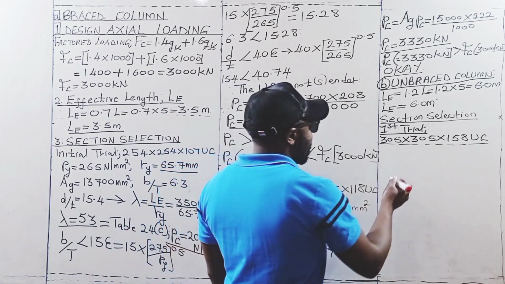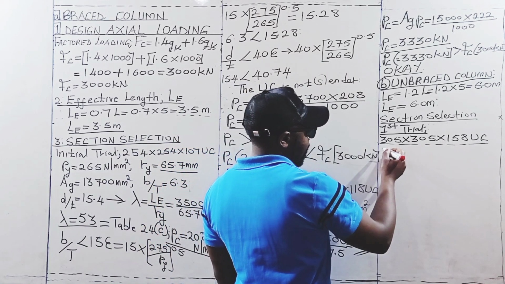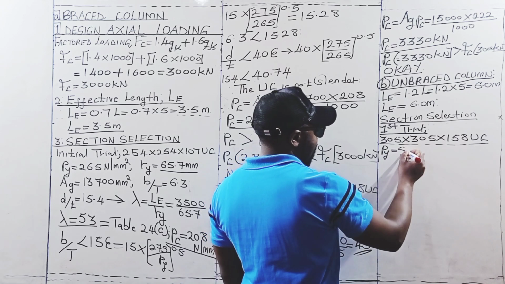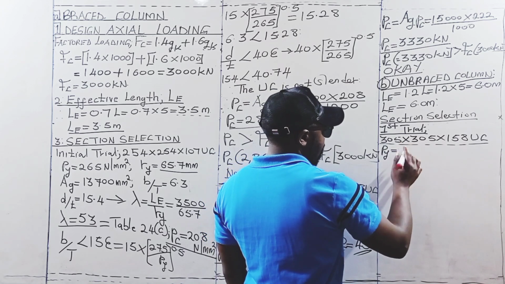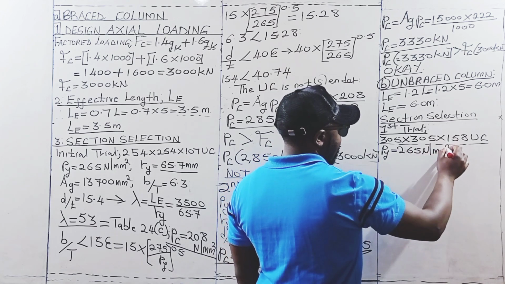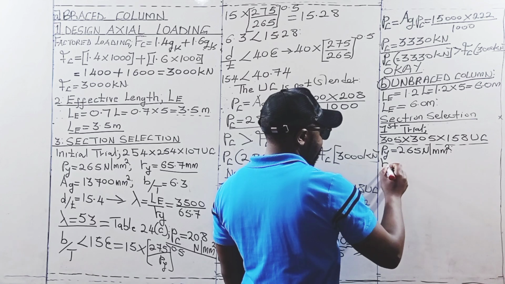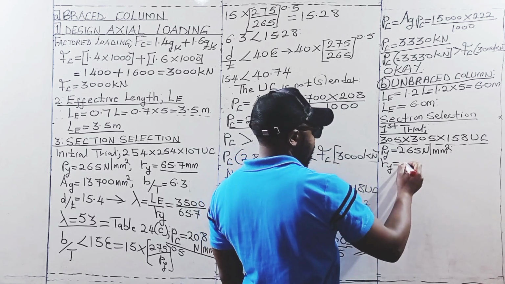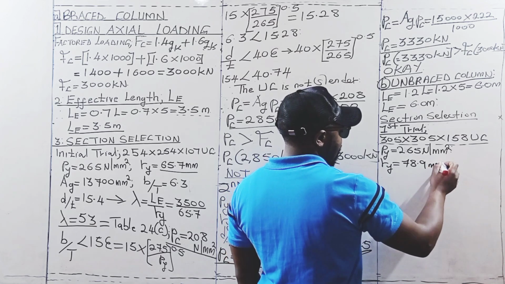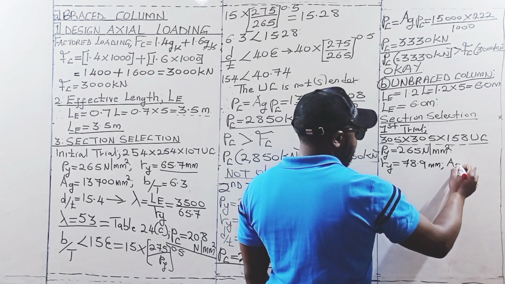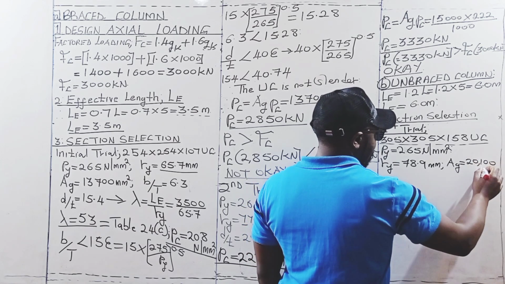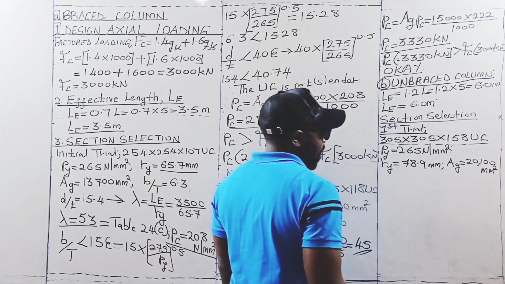And from the BS 5950, that is Appendix B, the strength of steel is 265 newtons per square millimeter. The radius of gyration for this section is 78.9 millimeters. The gross cross-sectional area for this section is 20,100 square millimeters.